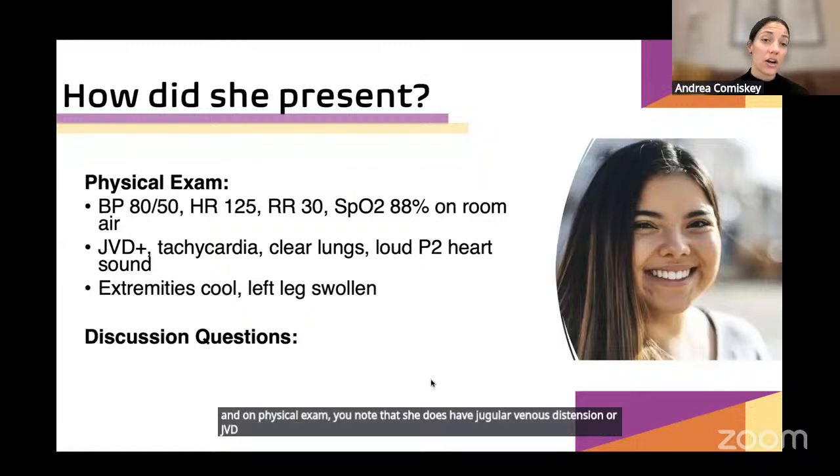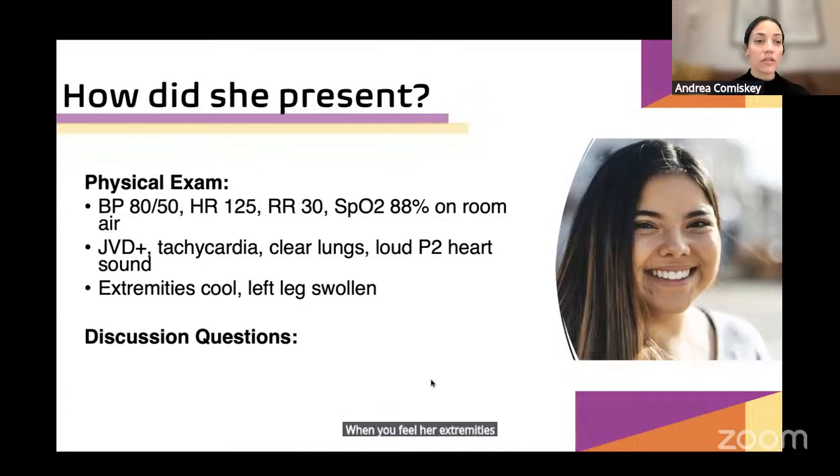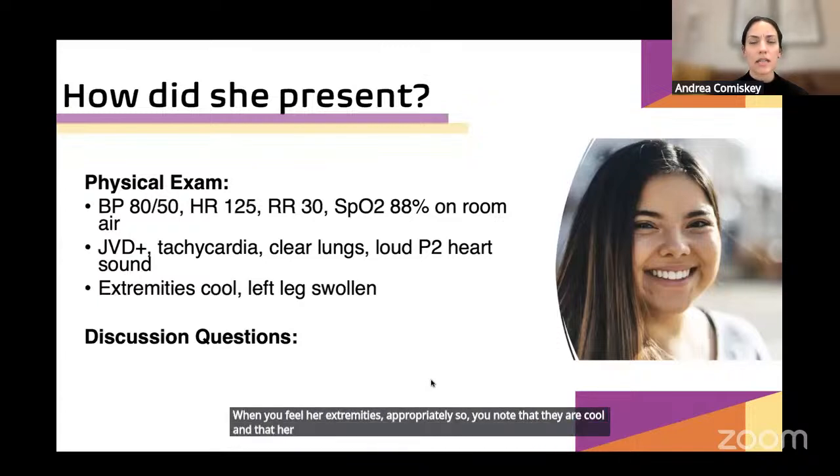She is tachycardic on auscultation, however, has very clear lung sounds bilaterally, and she has a very loud P2 heart sound. When you feel her extremities, you note that they are cool and that her left leg is more swollen than the right based on visualization.